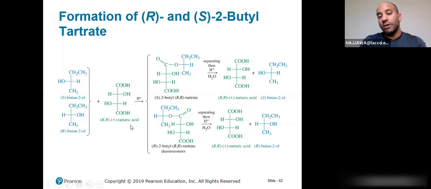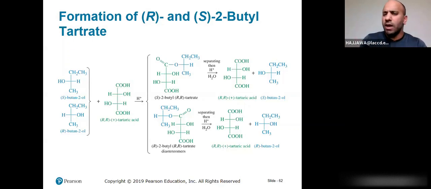Basically, it's a tartaric acid. This tartaric acid is going to react with both, ending up having what? Having RRS and having RRR. What are these two now? They are diastereomers. And we already know when you have a pair of enantiomers, they are the same in terms of physical and chemical properties, except rotating plane polarized light. But when we deal with diastereomers, they have different physical properties.